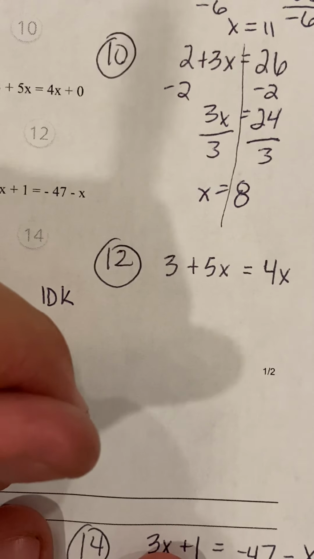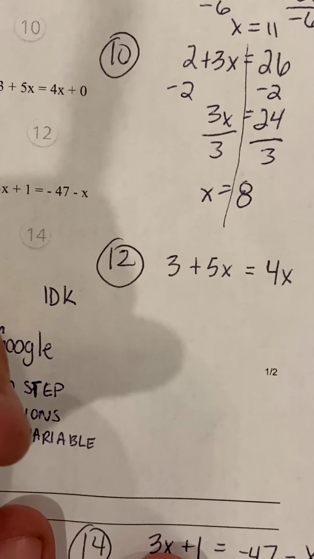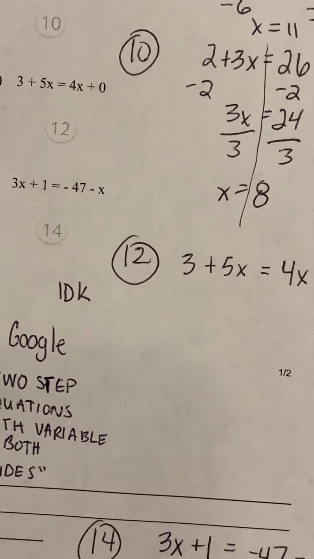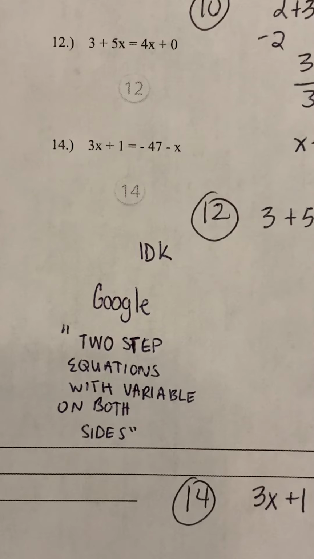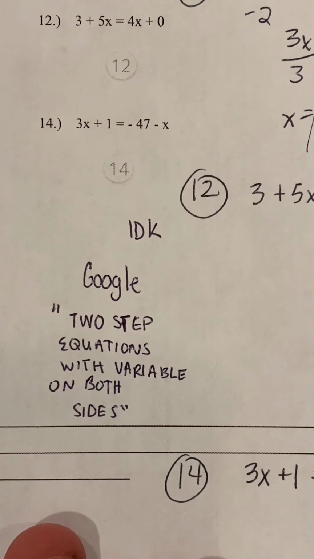We have a variable on both sides. So you could have Googled that if you had a hard time. You could get on YouTube or Khan Academy.